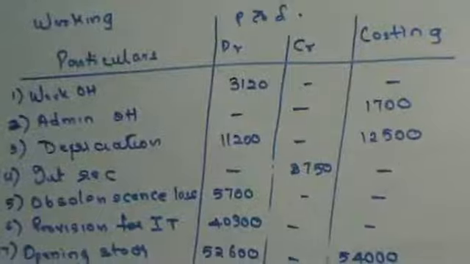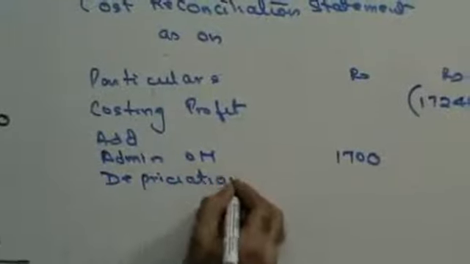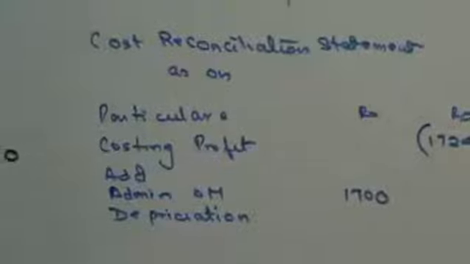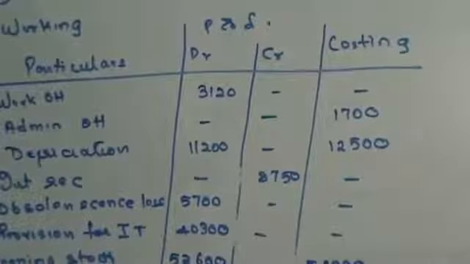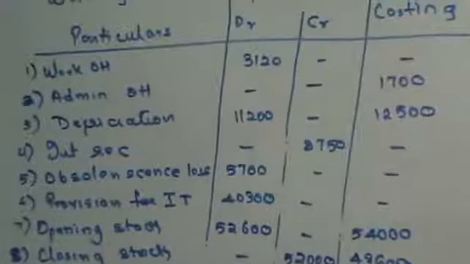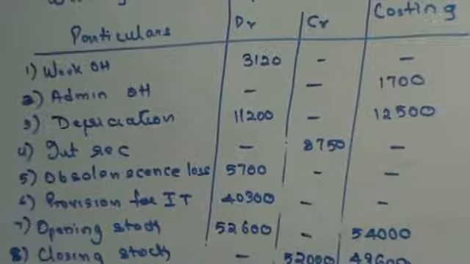Depreciation is more in costing. So depreciation will come in add column. What will be the amount? It will be the difference between the two. So that will be 1300. How did I get 1300? 12,500 minus 11,200. Interest received is less in costing, but it is a credit side entry. For credit side entry, the rule reverses.